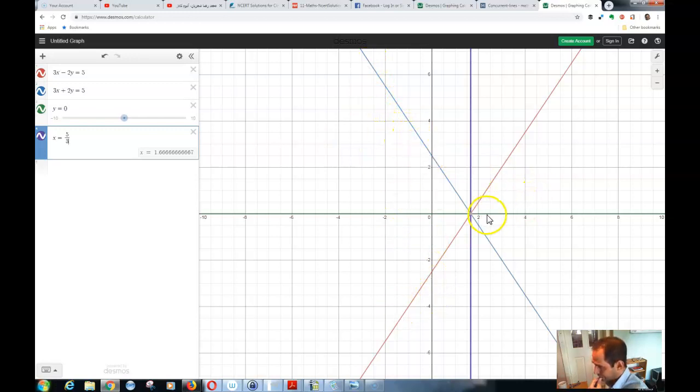And the same thing happens on the other side as well. As you go along in the negative direction, the same thing is going to happen. That's something interesting. Okay.